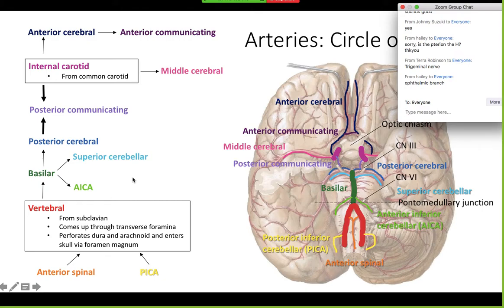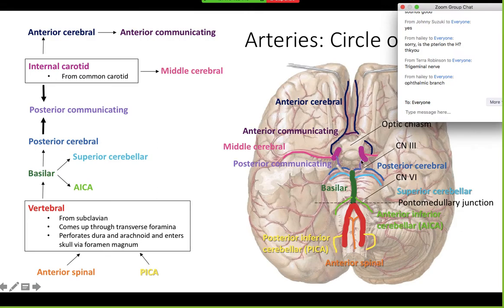It's actually only a few of them that make up the circle itself. Within the circle of Willis, you have the anterior cerebral, the anterior communicating, the posterior communicating, and the posterior cerebral. So it's literally making a circle here, so don't have the misconception that all of this is the circle of Willis.